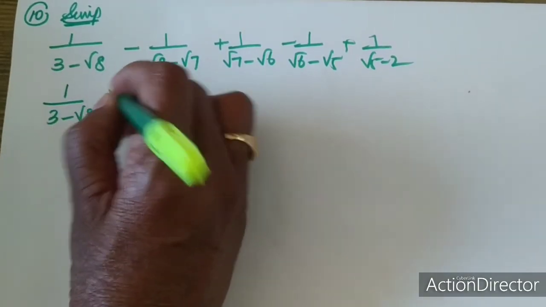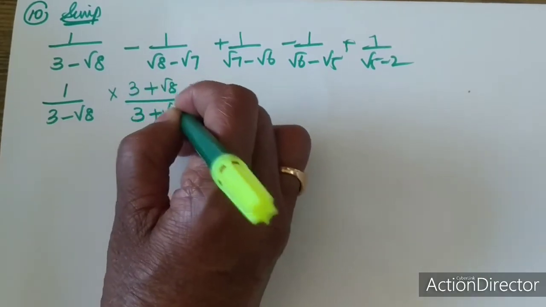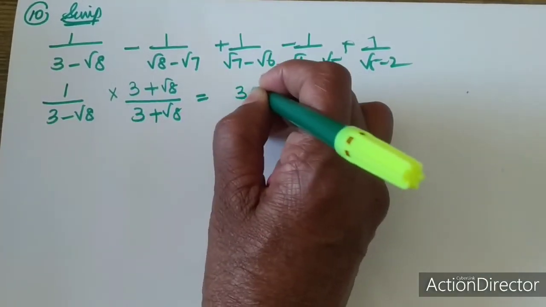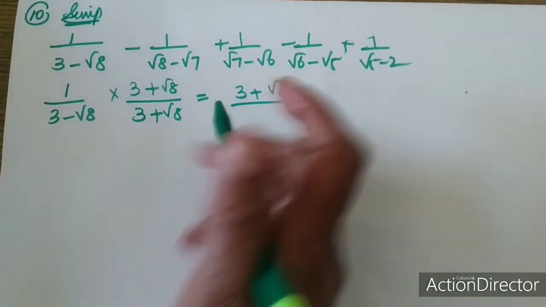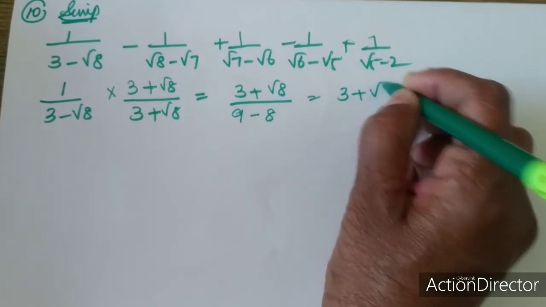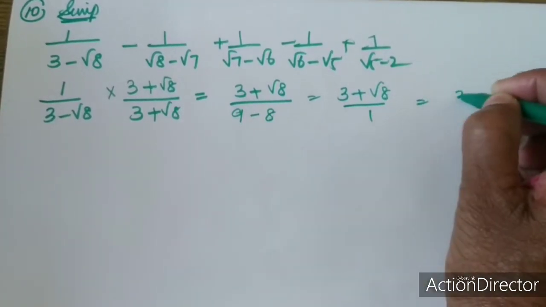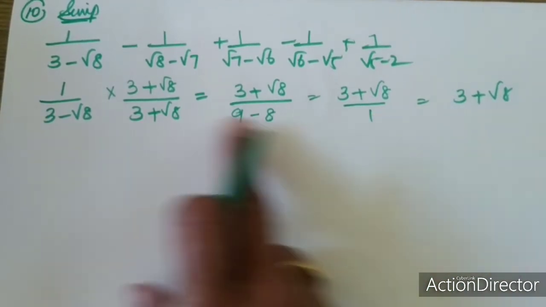So we will rationalize. So we will get 3 plus root 8 upon 3 plus root 8, which is nothing but 3 plus root 8 upon (a minus b)(a plus b), that is a square minus b square. So 9 minus 8, which is nothing but (3 plus root 8) upon 1. Similarly, you simplify all the other terms.